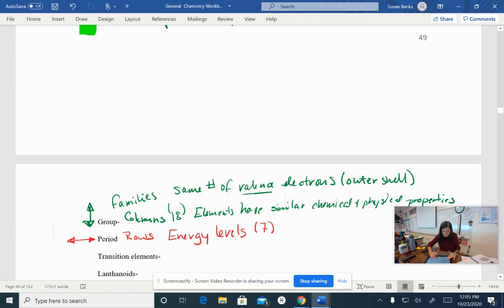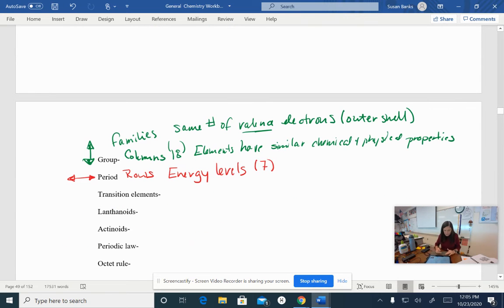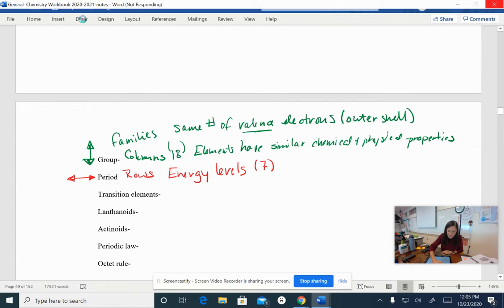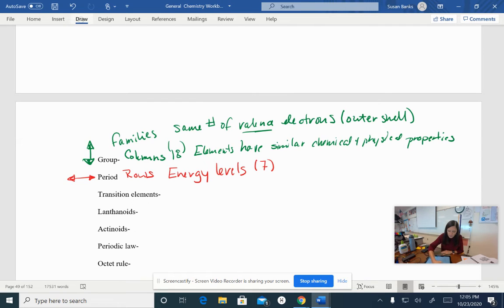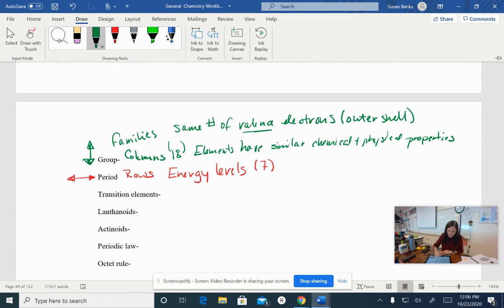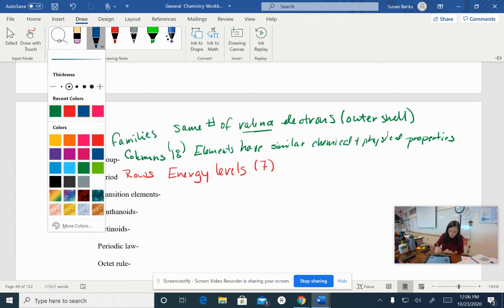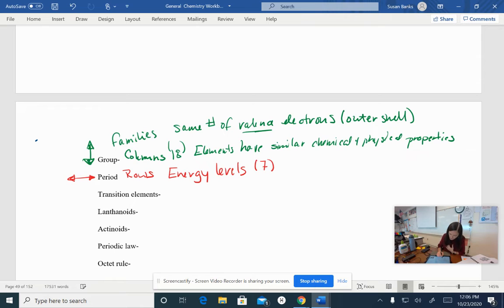Okay. Now, the transition elements. The transition elements are what we call the transition metals or transition elements. Now, these are the elements that are groups 3 to groups 12. So these are metals.